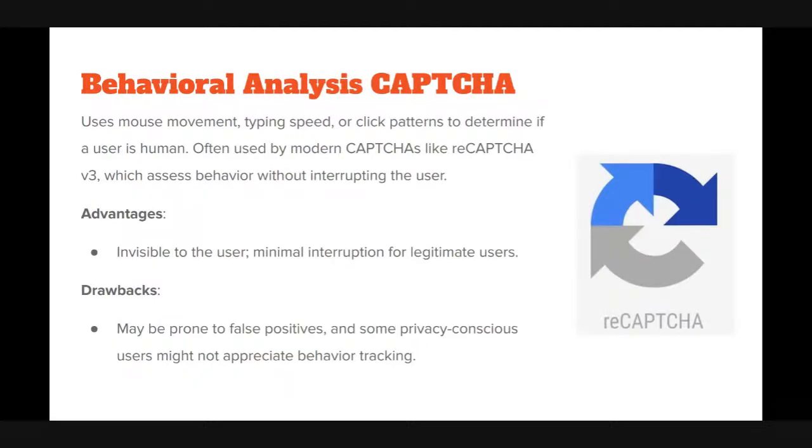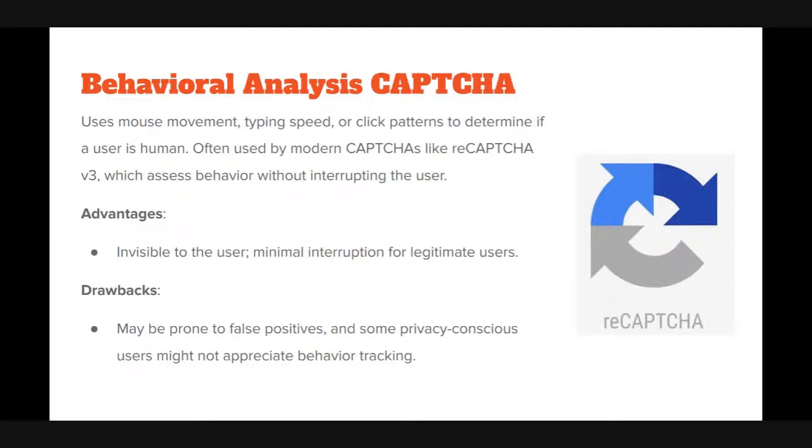We kind of talked about behavior analysis captcha, but it basically uses mouse movement, typing speed, or click patterns to determine if a user is human or not. It's often used by modern captchas like reCAPTCHA v3, as we already saw. It assesses behavior without interrupting the user.